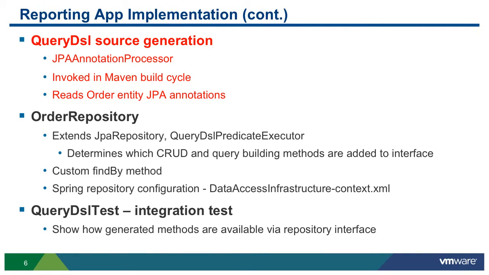So Query DSL is based on the JPA annotation processor. It reads annotations on JPA entities and generates source that supports the auto completion I just showed. And the processor is invoked in the Maven build cycle.